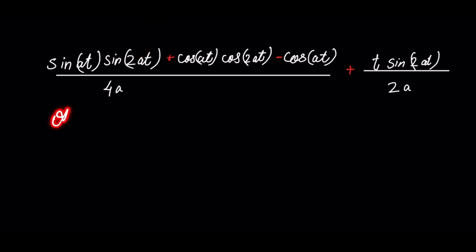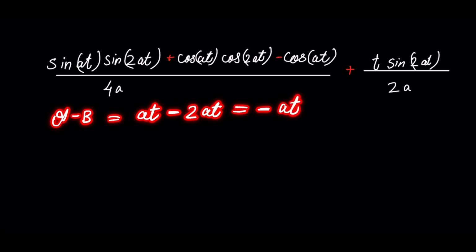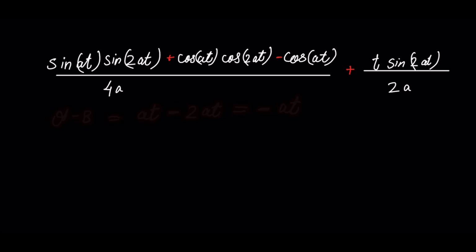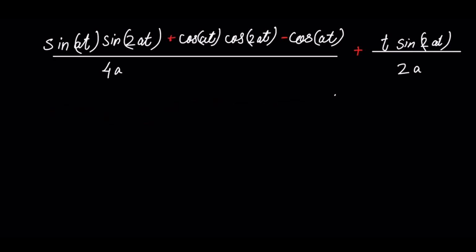So A minus B would mean at minus 2at. That is equal to minus at. Substituting it in the cos, this will be giving us cos minus at.